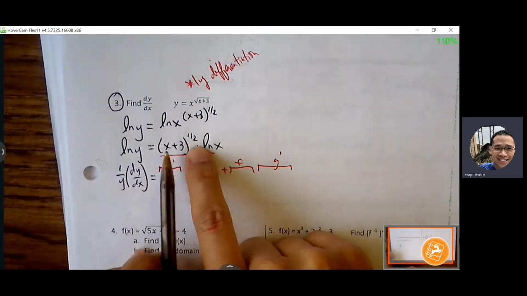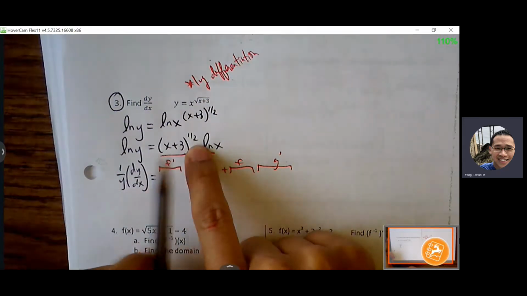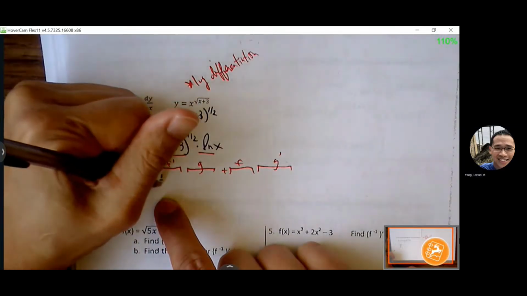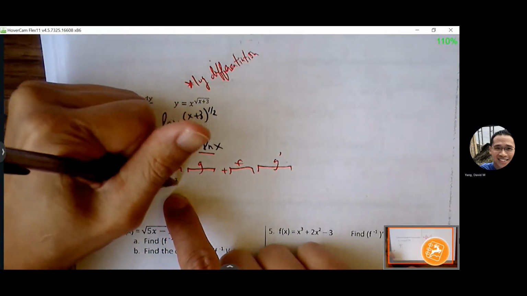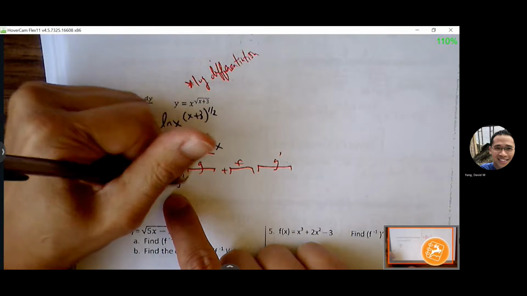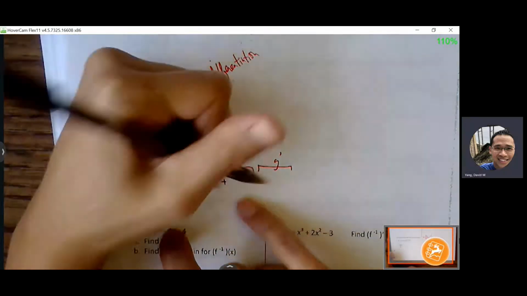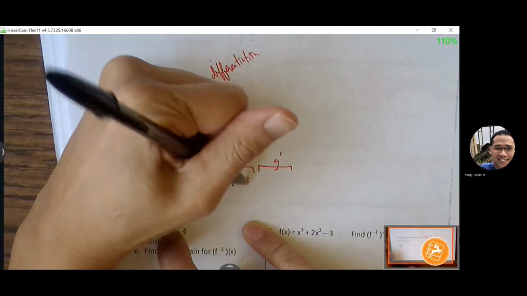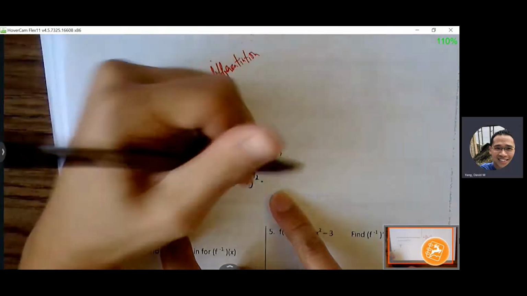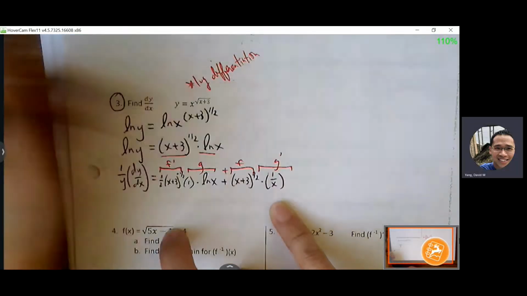F prime, there's a little bit of chain rule here. Outside's derivative times inside's derivative. G prime, 1 over x.